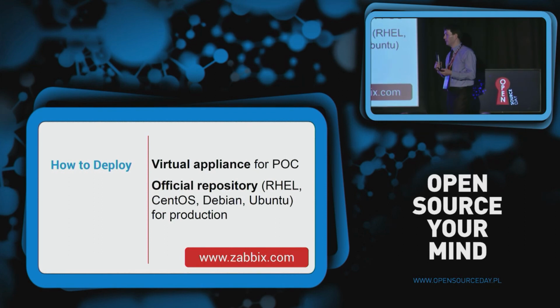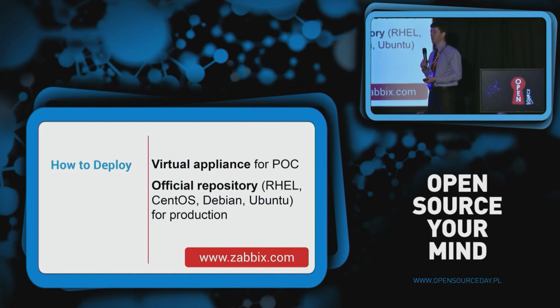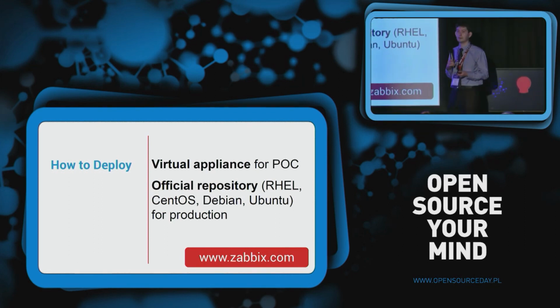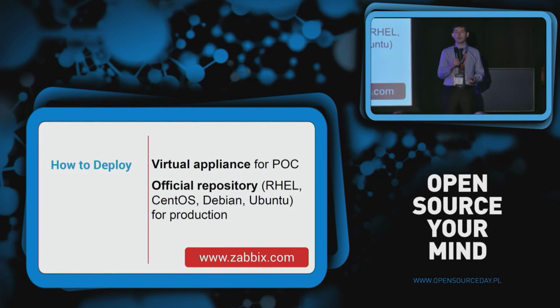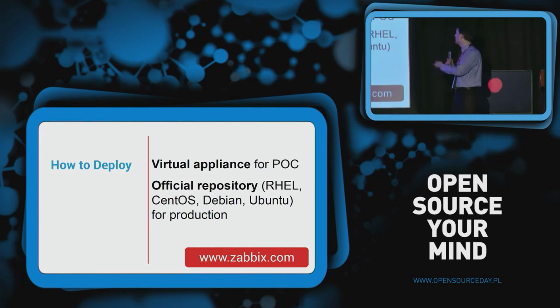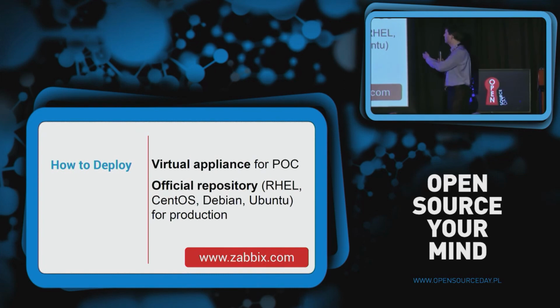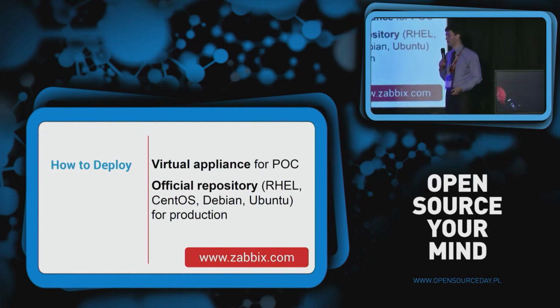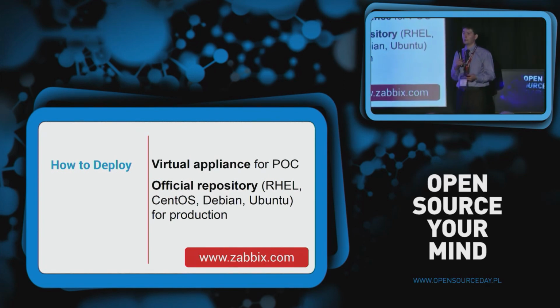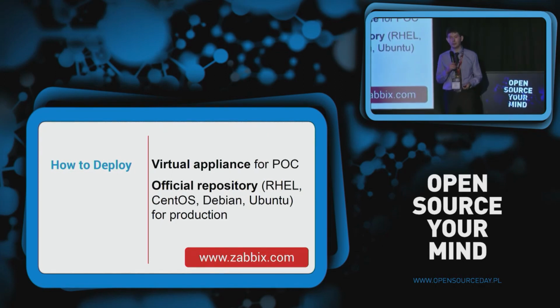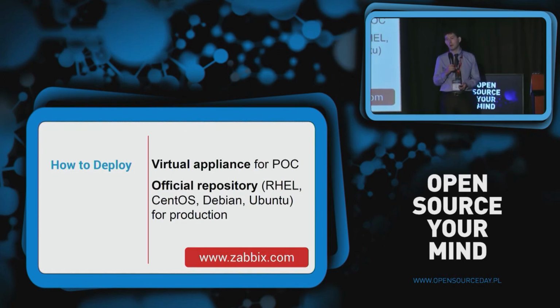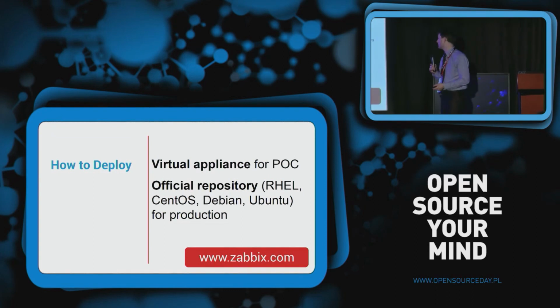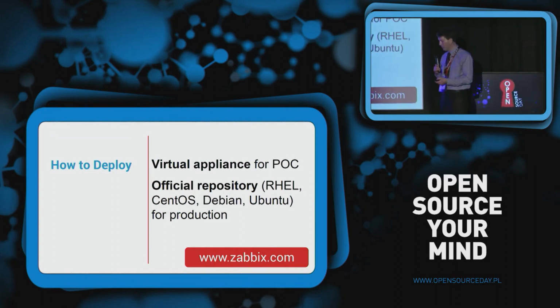And of course, if you feel that Zabbix is a good fit for you and really helps in solving some real issues, for production use I would recommend having a look at our official repository, where we provide packages for Red Hat Enterprise, Debian, Ubuntu, Oracle Linux, and CentOS.